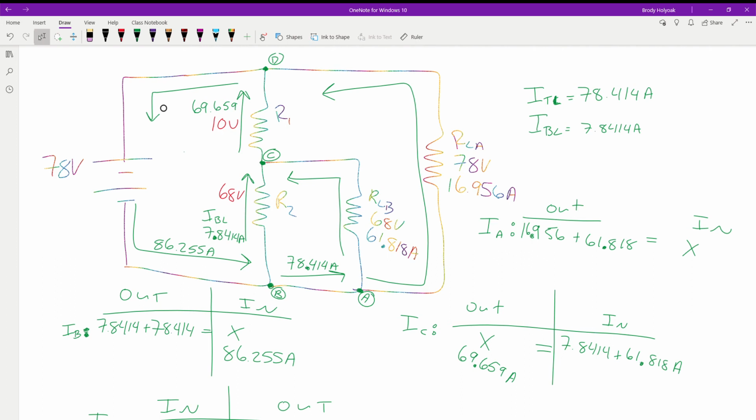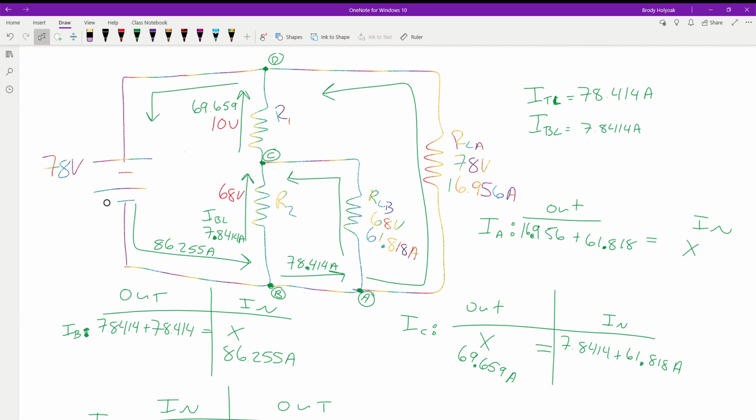Because again, it's a conservation law of energy. We can't create energy, we can't destroy it inside of this system. We can use it, convert it. You've just created perpetual energy. But yeah, so we can't destroy it. So we have to be able to account for all the voltage and all the current and all the power going into and out of this system.